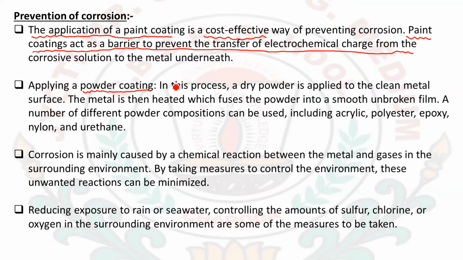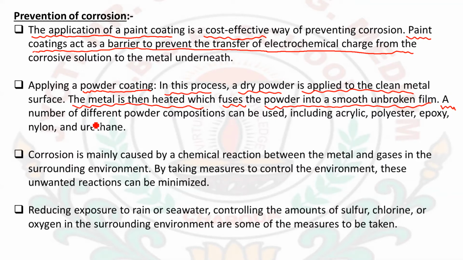In this process a dry powder is applied to the clean metal surface, and the metal is then heated, which fuses the metal with the powder into a smooth unbroken film. Means a layer of that powder will be formed on the upper surface of the metal, which acts as a protective layer for the metal.